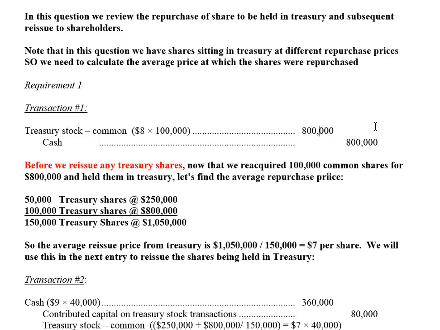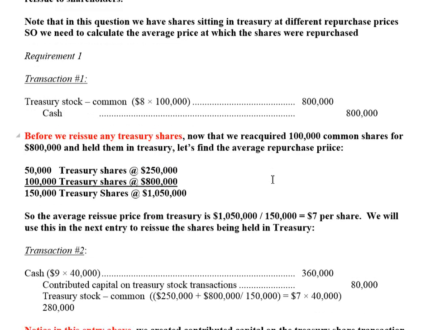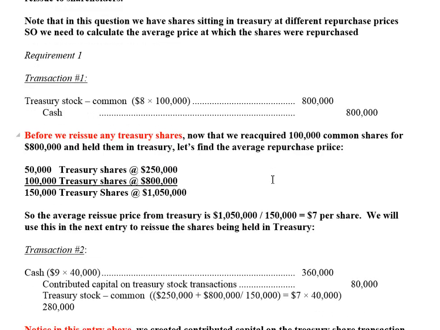Next, in transaction 2, we've reissued 40,000 Treasury shares. But before we do that journal entry, remember that because we're reissuing the Treasury shares, we have to remove them from our books based on the average price that we paid to buy them back. What does that mean?